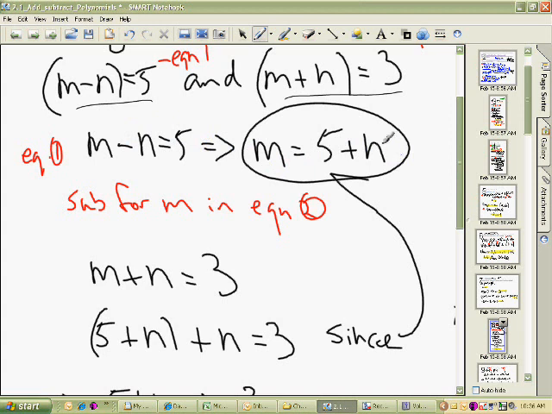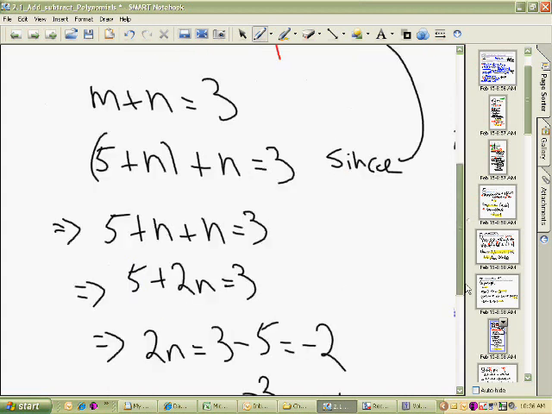How does that help? Well, if we take the other equation, write that down, we've just calculated that m is equal to 5 plus n. So if I take the m value that's in this equation here and replace it with what it's equal to, which is 5 plus n, that's what happens. We end up with 5 plus n instead of the m, plus n equals 3.